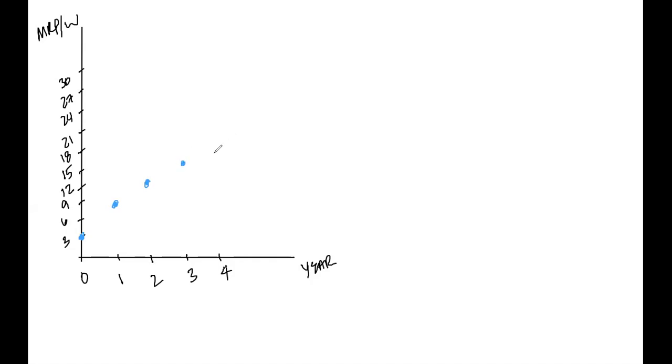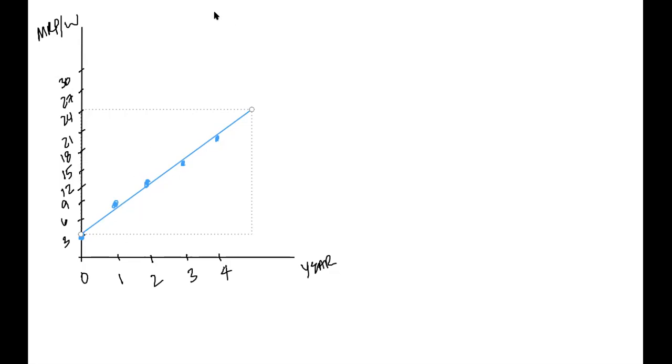And then year 4 is what we're trying to figure out, but I'll still draw it on there. That doesn't fully line up, but hopefully you see what I mean.